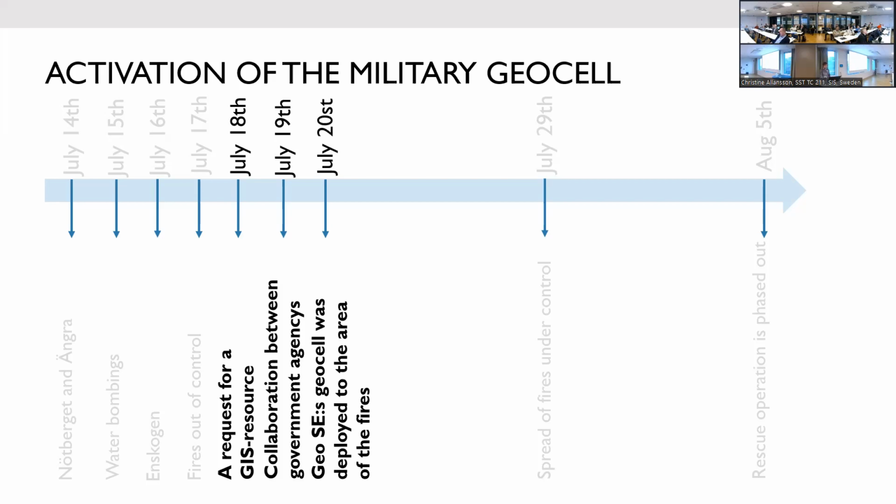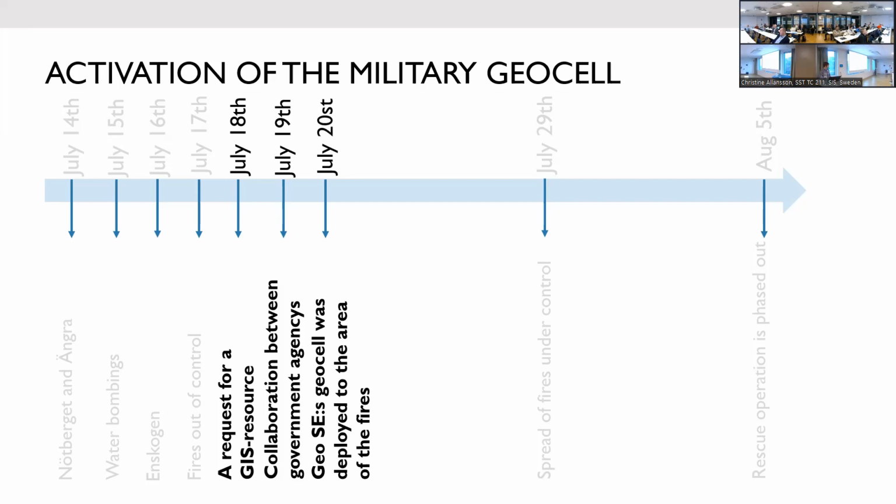And from 6 p.m. on July 20th, the geocell was up and running in a school in a town not too far from Kårböle, together with the staff planning the rescue operation. 2 weeks later, the geocell could pack up and go home.